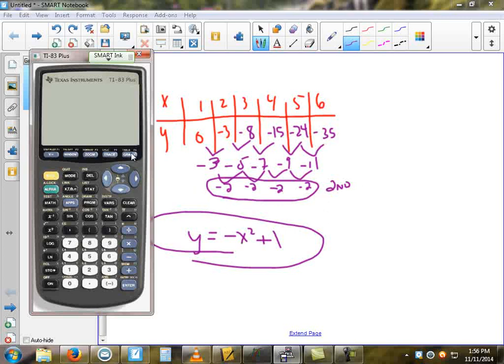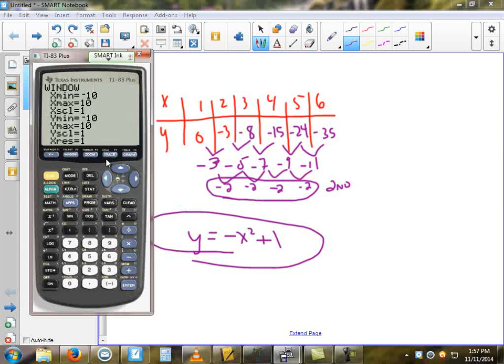Also, I'm going to clear out my y equals. If I go to stat plot, second y equals, turn on my plot, and go to the graph, you'd see some of these points. Well, we're sitting there wondering what's happening here.